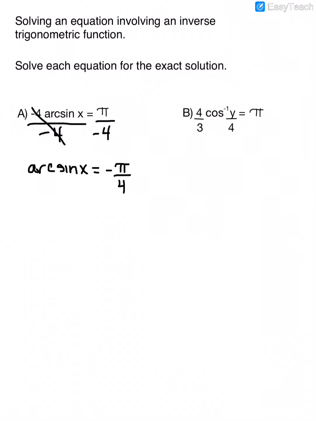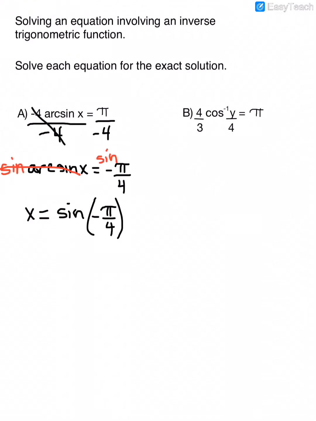So we're just going to take the sine of both sides of the equation. So sine and arc sine cancel each other out, and I'm left with x is equal to the sine of negative pi over 4.